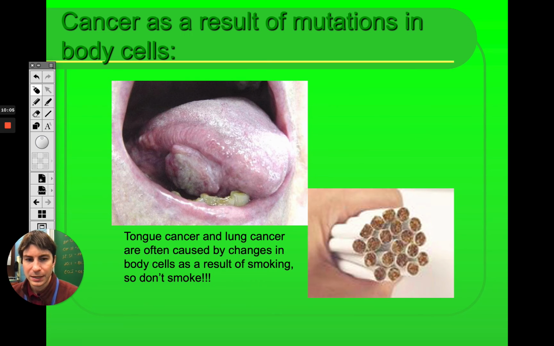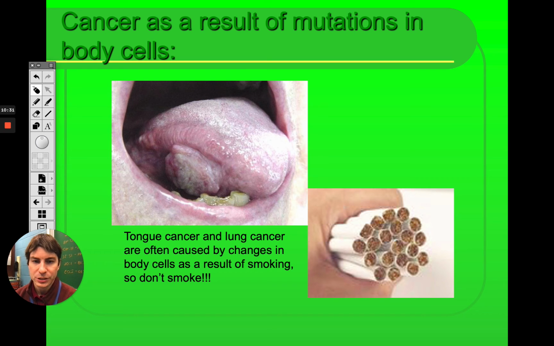Not good. Smoking and chewing tobacco. This picture is from chewing tobacco here, where the guy has this gigantic thing on his tongue. When you do these types of things, there is a lot of carcinogens, a lot of bad things in the cigarettes and the chewing tobacco, and it does cause an increased prevalence of mutations in your body.